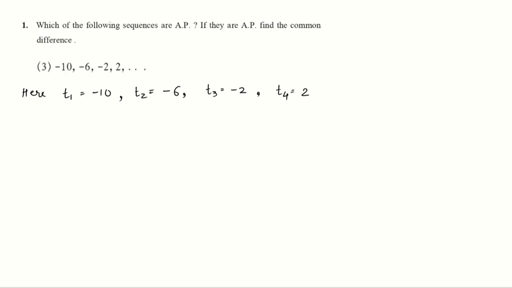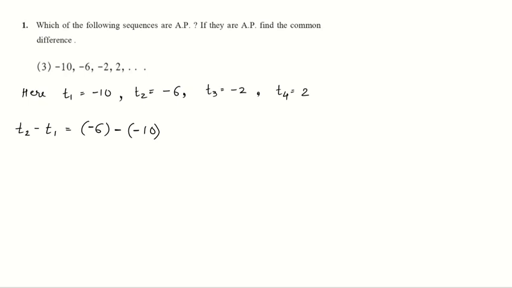If you see any changes in the sequence, like a fraction or a minus sign, do not hesitate, just follow the steps to find the difference. That is T2 minus T1. T2 is minus 6 minus T1, which is minus 10. So pay attention to the signs here.